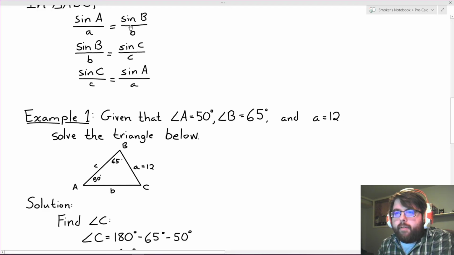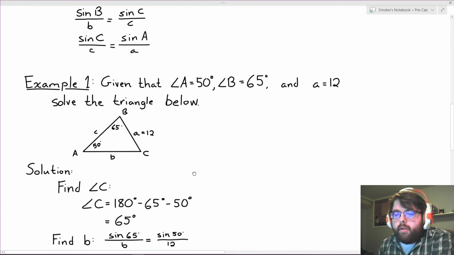So sine of 65 over B, so angle B over side B, is equal to angle A over side A. And I know side A, I know angle A, I know angle B, I'm looking for side B, and I'm solving this for B. Okay, that's all. So I have three pieces of information to put in here, and I'm solving it for the one that's missing.